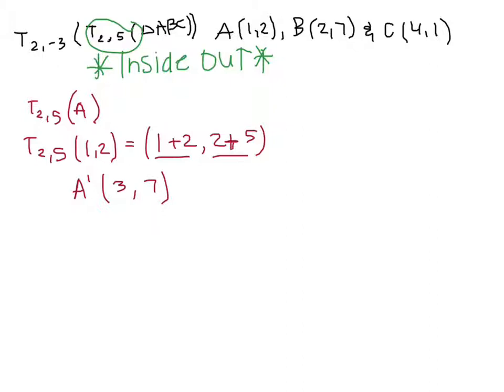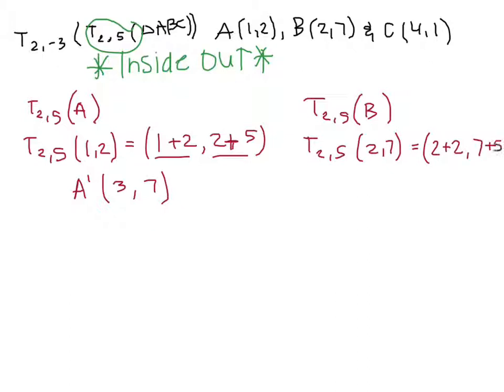Now we need to do the same translation for point B. So point B is at the location 2, 7. And I'm going to do x plus h, y plus k. My new point, or B prime, is at 2 plus 2 is 4, 7 plus 5 is 12.